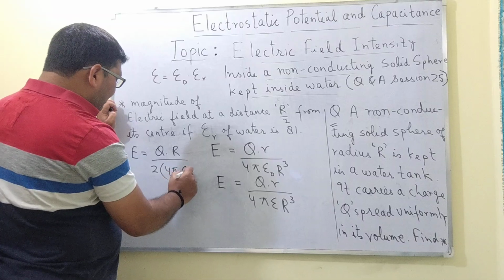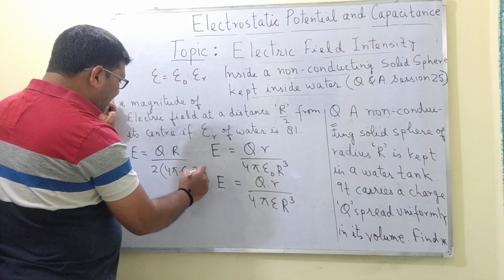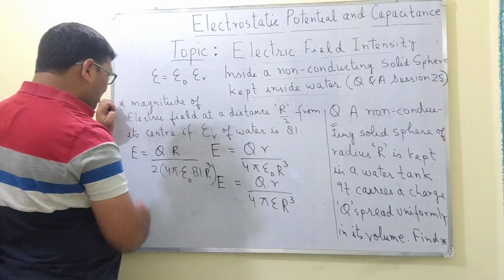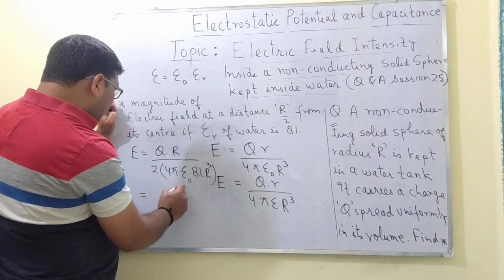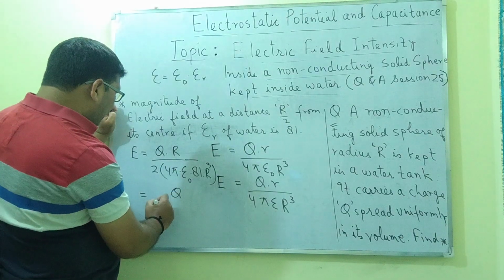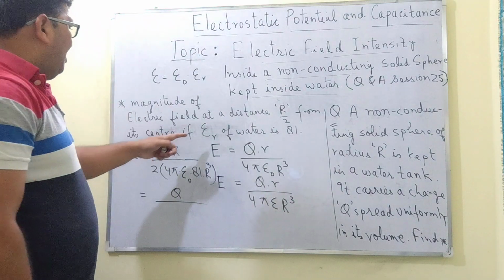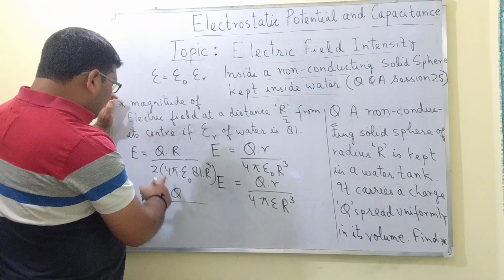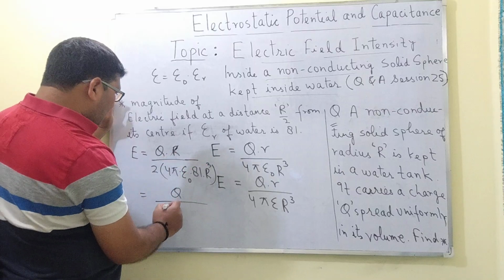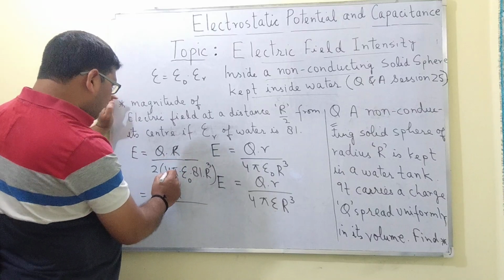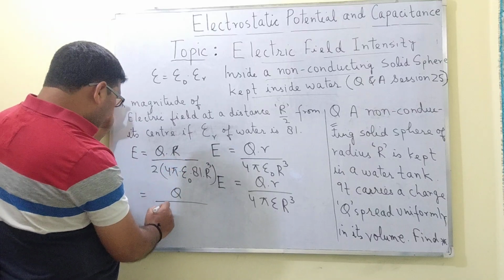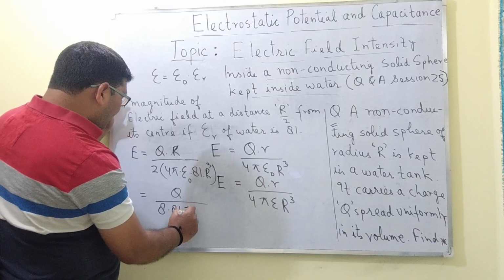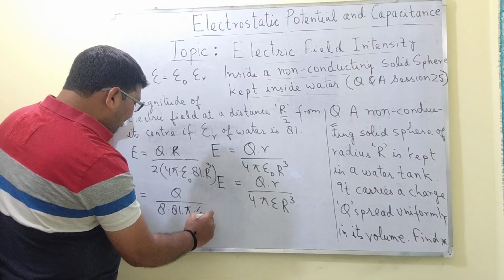So this will be epsilon naught into 81 into R cube. From here the intensity of the electric field at a distance R by 2 from the center of the sphere will be equal to, this R and R cube will get cancelled out. So finally I will be getting 4 into 2, 8 into 81 into pi into epsilon naught R square.